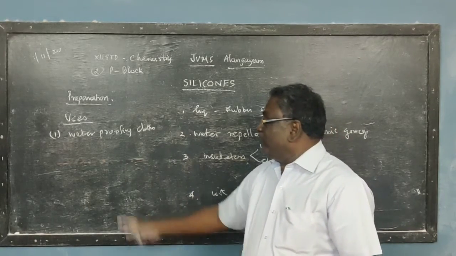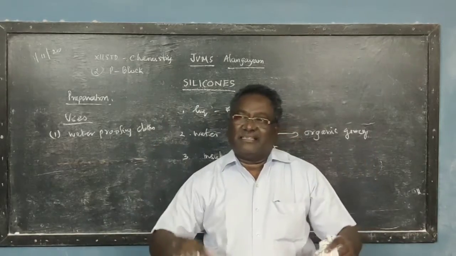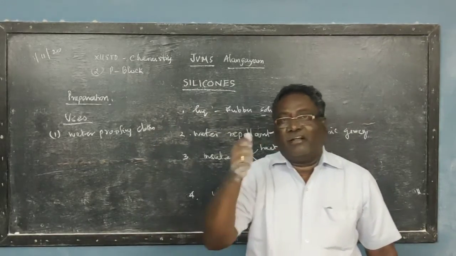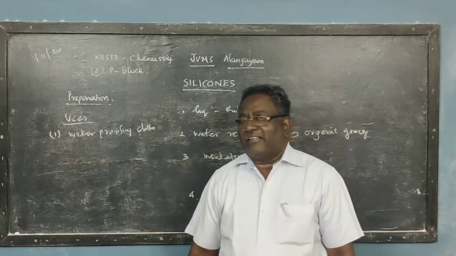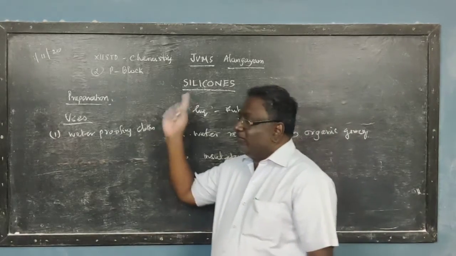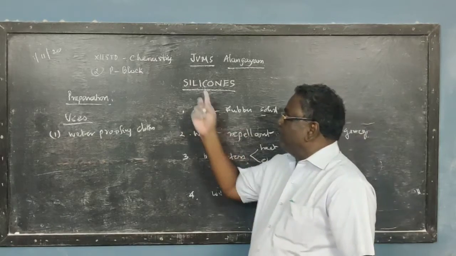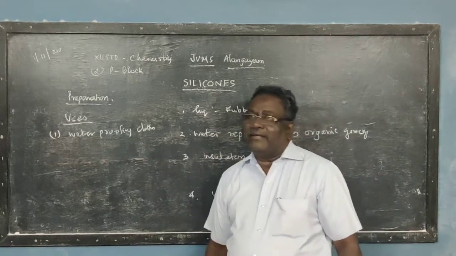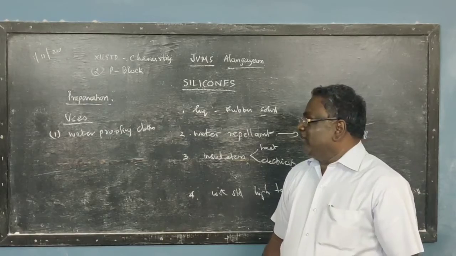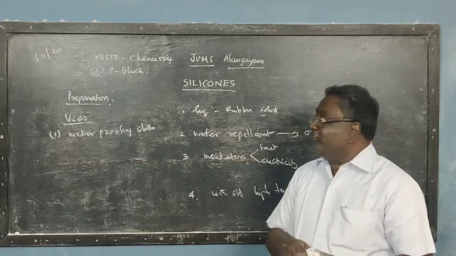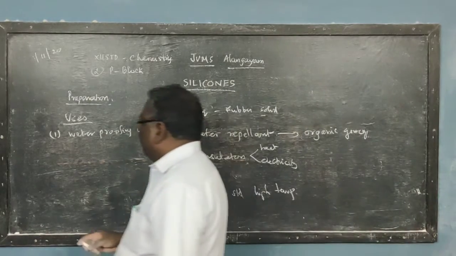Those are all waterproof clothes. If you take an umbrella, that cloth is actually given a coating of silicones, because they are water repellent. It will not absorb water, it will just repel the water molecules. So waterproof clothes are manufactured using silicones, right?